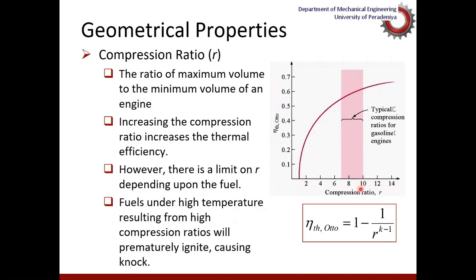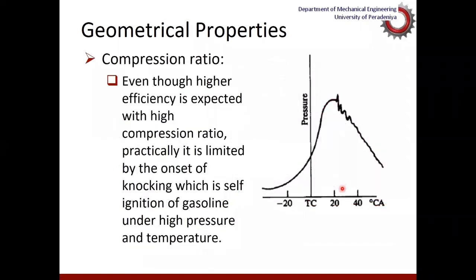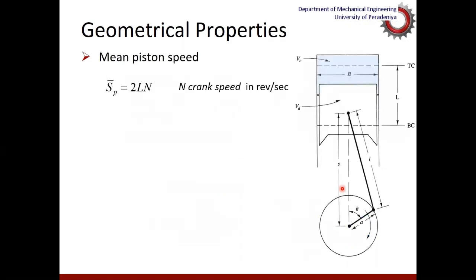We can find engines with compression ratio 11, 11.5, something like that, but you can't go beyond that because of this knocking problem. So the increase of compression ratio is always limited by knock. We will talk more about knocking, how it happens, and the kinetics of knocking later. So there are limitations as such.